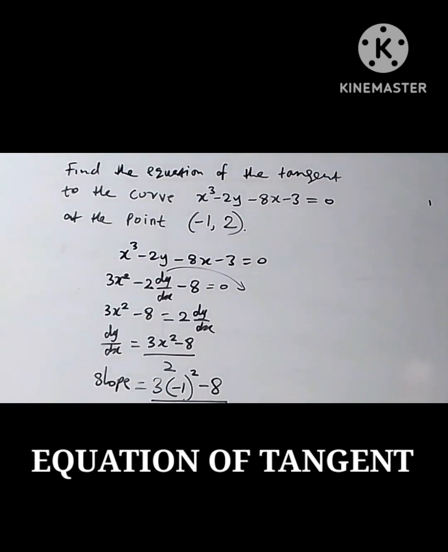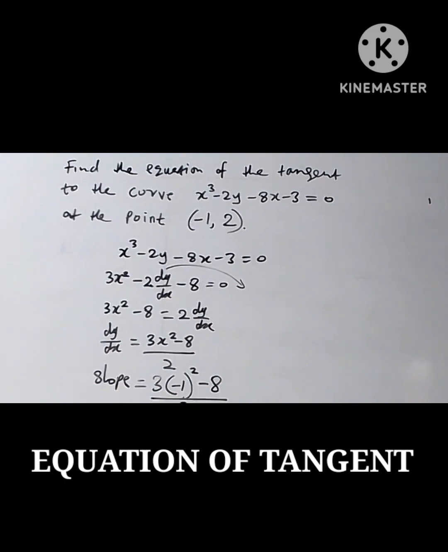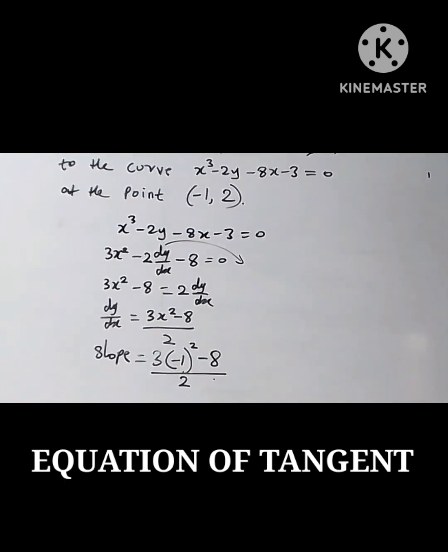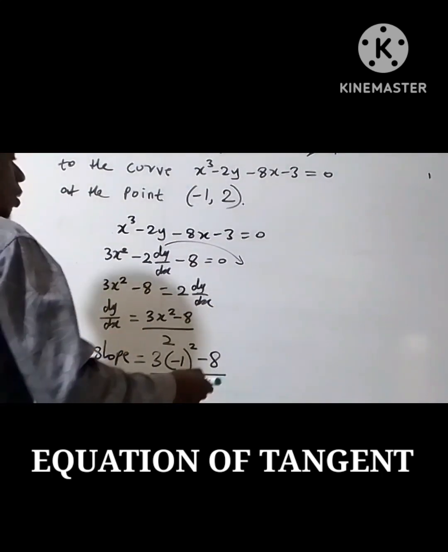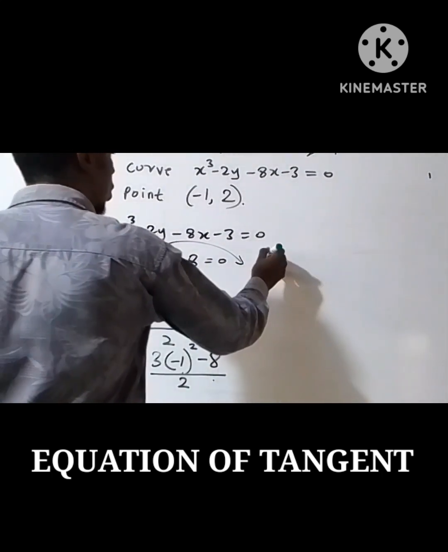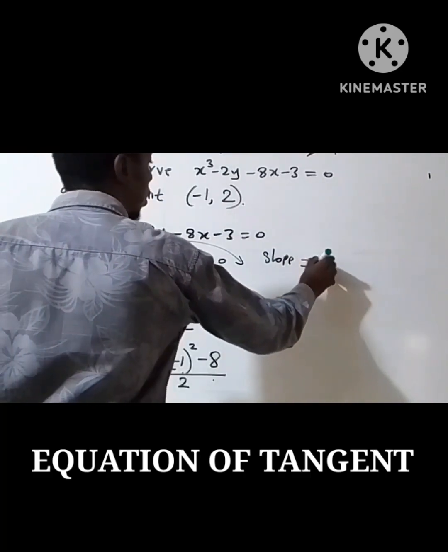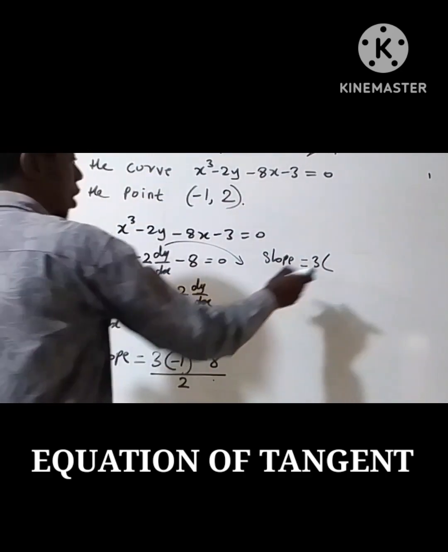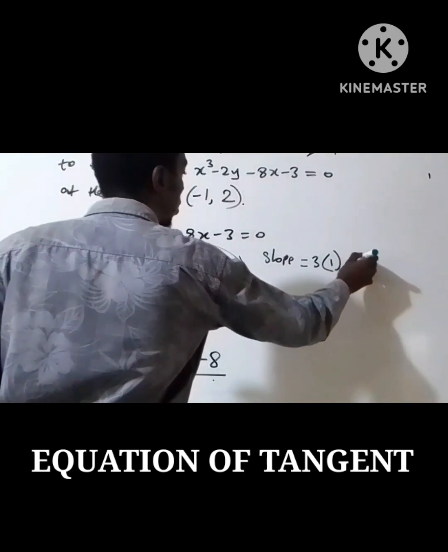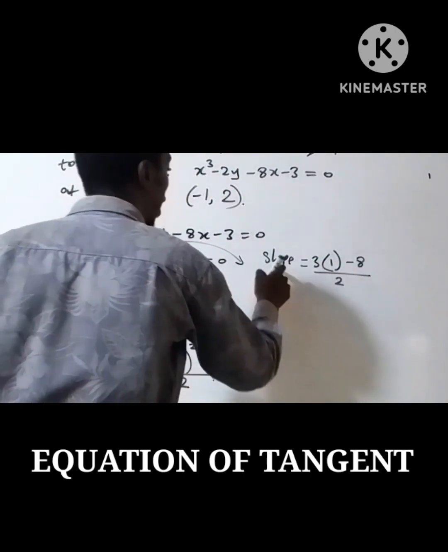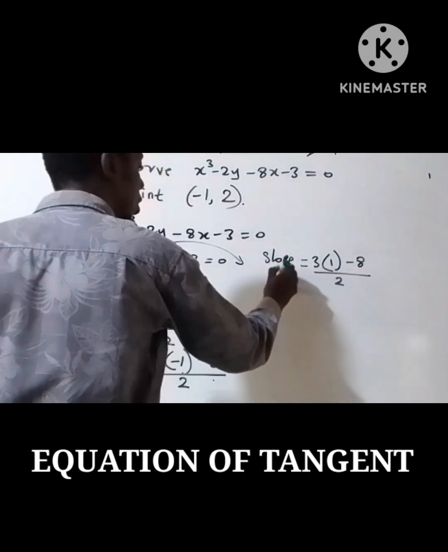So here, to get the value of the slope, which is m, we will have to simplify it. I have 3 times (-1) squared, which will give 1, followed by minus 8, all over 2.